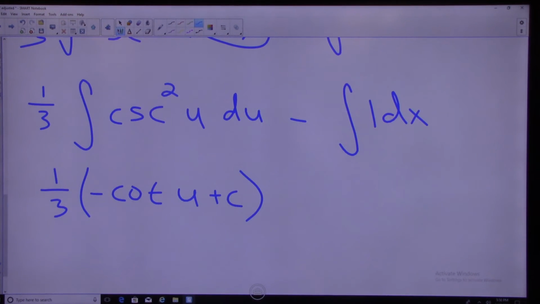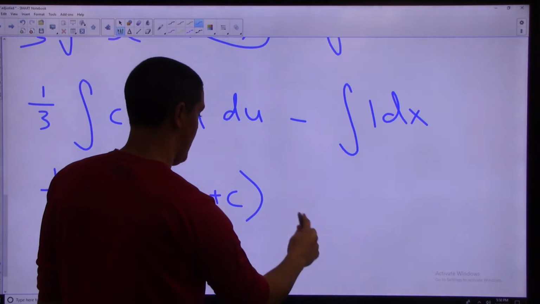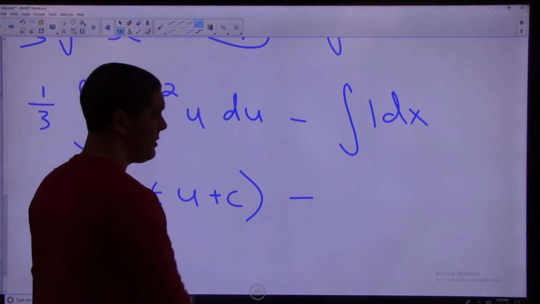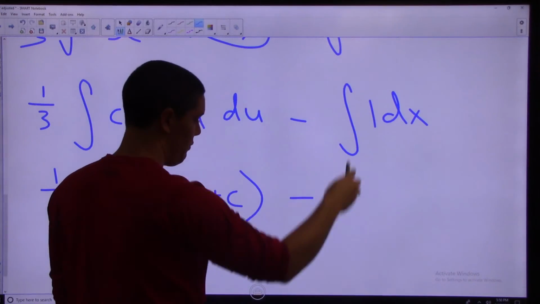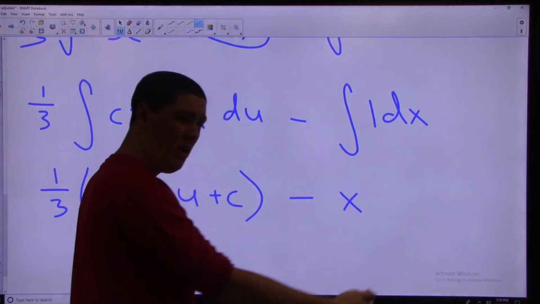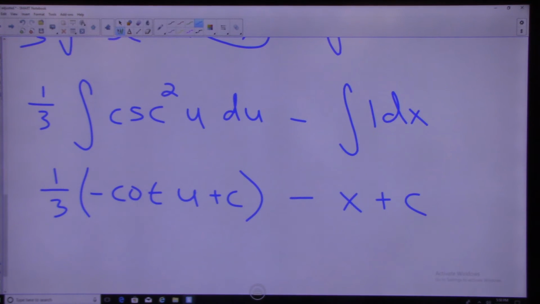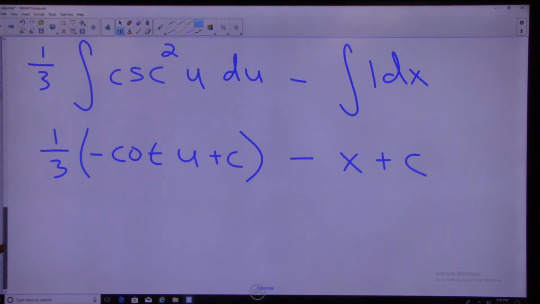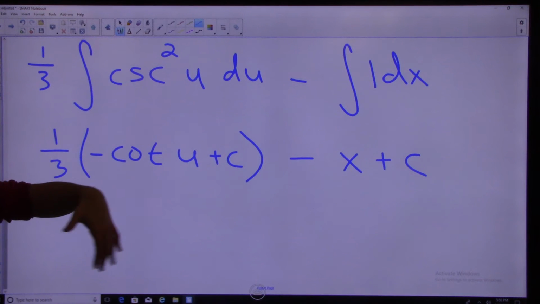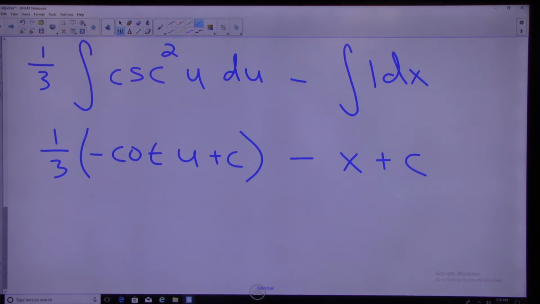Then let's take the integral of this. The antiderivative of 1 is just x, and you could put another plus c. There's nothing wrong with that, because when you add all the constants together, you're still going to have some constant. We'll get to that in a second.